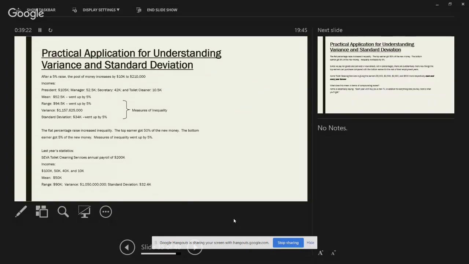So if we do the flat percentage raise, what we have done here, it is inequality, because if we see the top earner, or the president, he got 50% of the new money. So we added $10,000 new to this salary pool of $200,000, out of which 50% of this money, which is $5,000, has gone to the president.